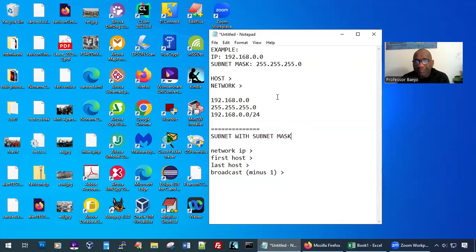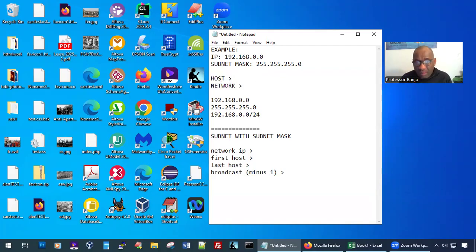All right, so first of all, let's talk about the IP address here. When you look at an IP address, so this is 192.168.0.0. Now, every IP address has a host portion and a network portion.